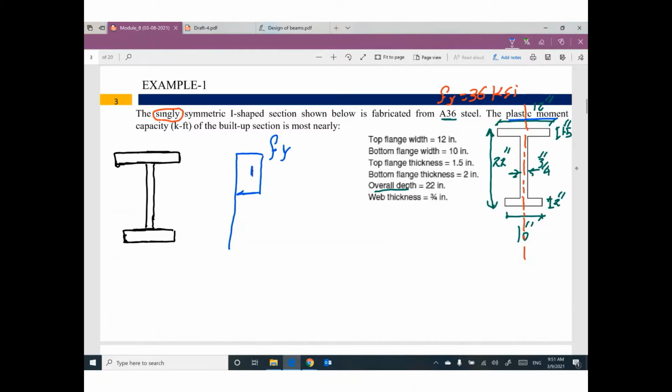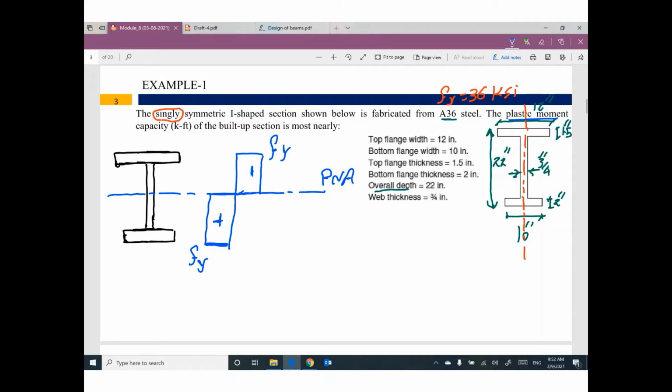The lower part of the cross section will be under tension, and the stress will be yielding. The transition between tension and compression is called the plastic neutral axis.